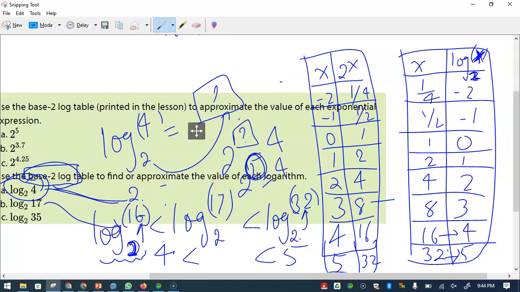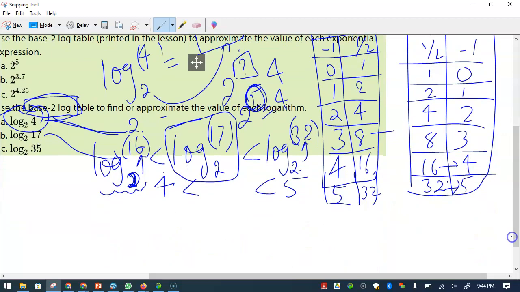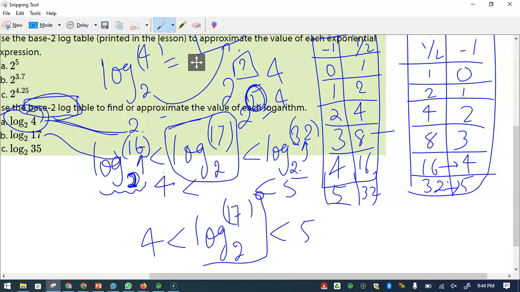So the number you see will be between these. Let's write it one more time: logarithm of 17 to the base 2. This value will be between 4 and 5. That's all they're asking. I hope that helps.